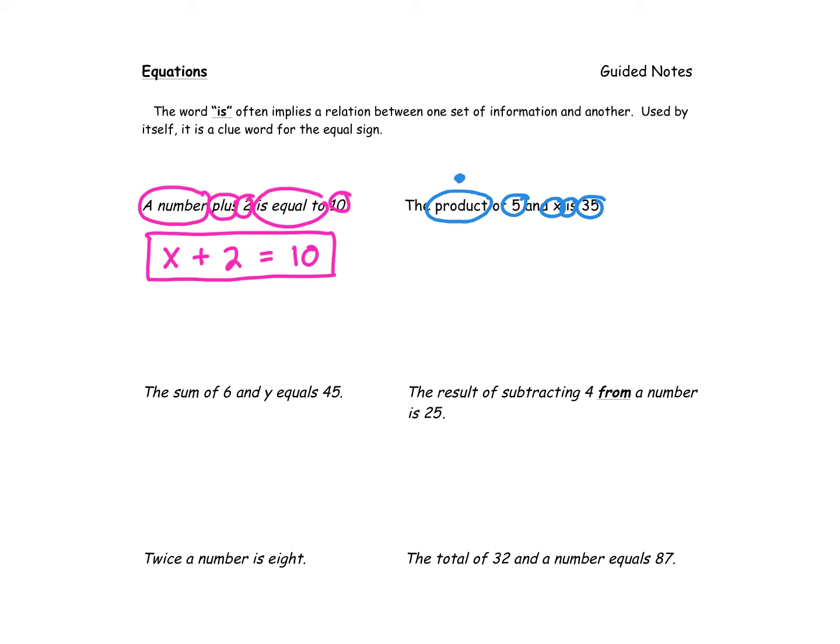I'm going to write a multiplication dot, and we have to insert that where the word and is. So this would be 5 times x is means equals and 35. We prefer to write this without that multiplication dot, so we're going to put 5 and x side by side, which means multiply, and this is our equation.